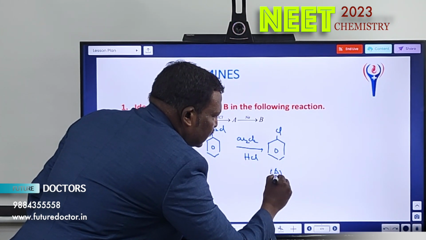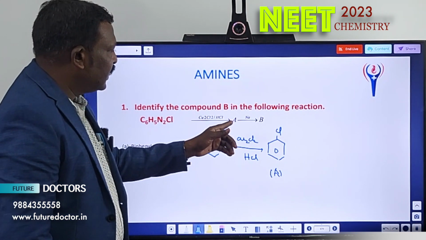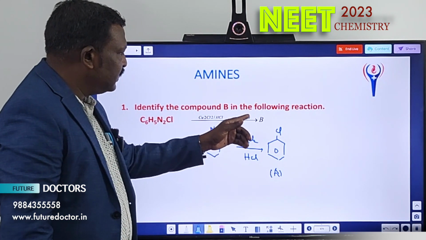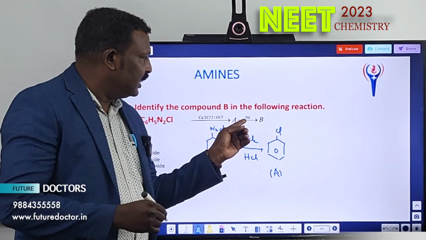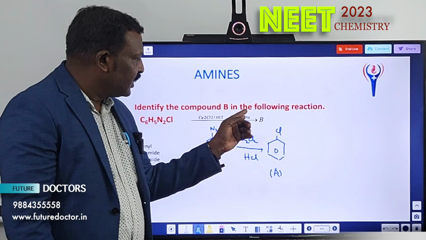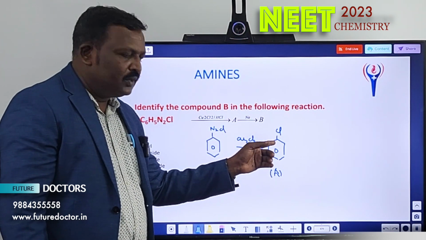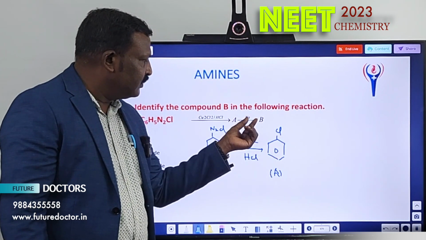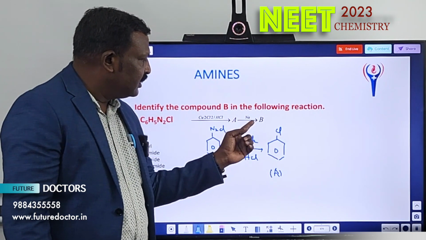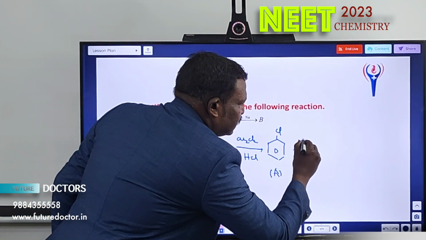But our aim is to find out only compound B. If you see sodium, you must remember this is from the haloalkane chapter. Here sodium, this is called the Fittig reaction. Chlorobenzene reacts with sodium. Just remember, here sodium you should write 2 times, chlorobenzene also 2 times.